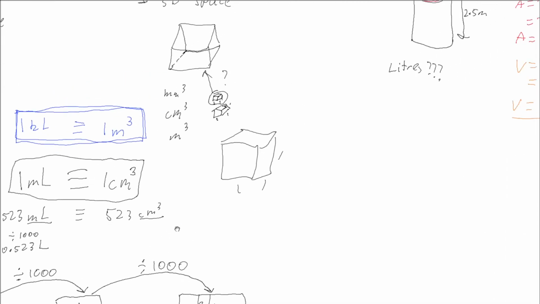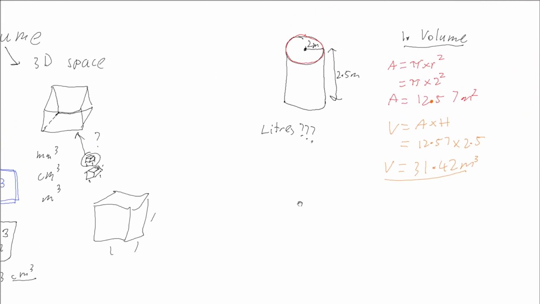So if I want to switch back to my problem, I know that my volume here, which I worked out to be 31.42 meters cubed, gives me a capacity of 31.42 kiloliters. So I've got 31.42 thousand liters, is how that reads.